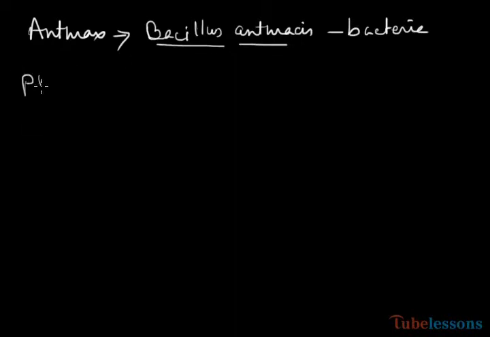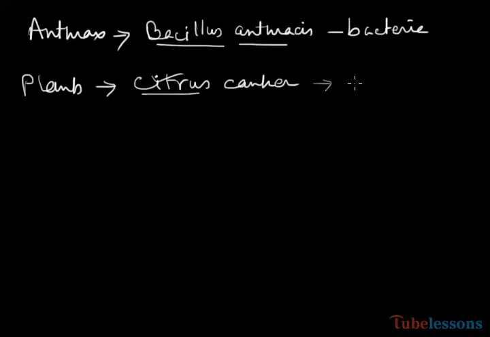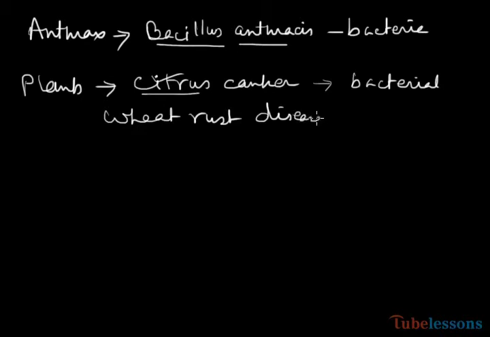In plants, there are some harmful effects also, like citrus canker disease. Citrus canker disease, as the name indicates, is found in the citrus plant. It's a bacterial disease. Wheat rust disease.